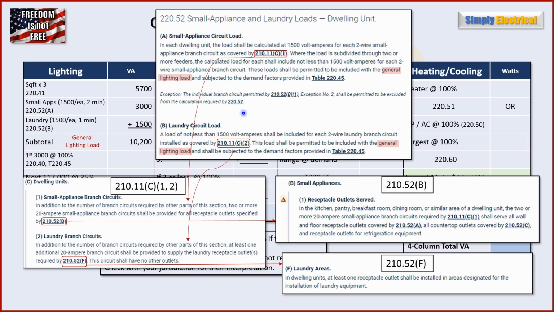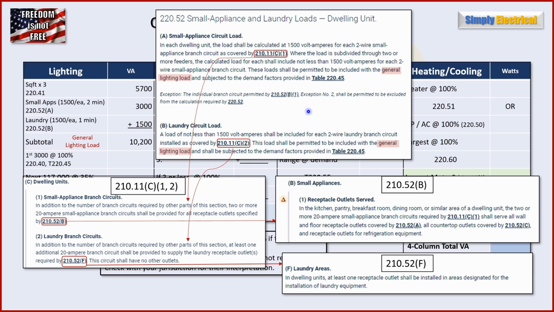So what this is talking about is there's an exception to 210.52B that tells us that we can bring an individual circuit, which is a dedicated circuit, to an appliance, and it can be 15 or 20 amps, and as long as it only serves that appliance, that does not have to be included in these two small appliance circuits. It would be on its own.